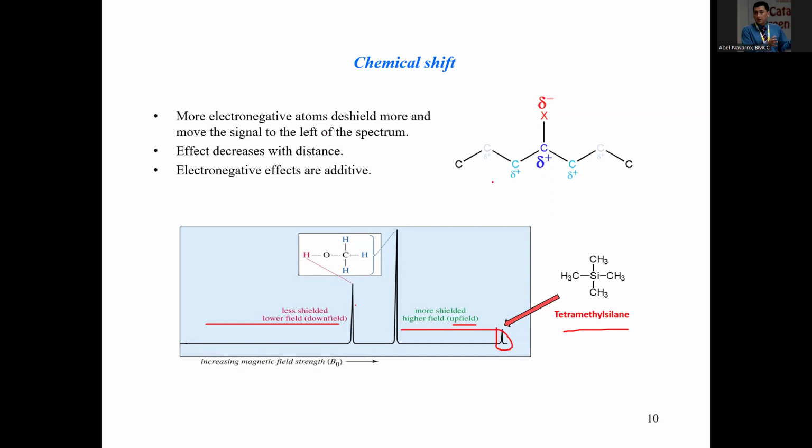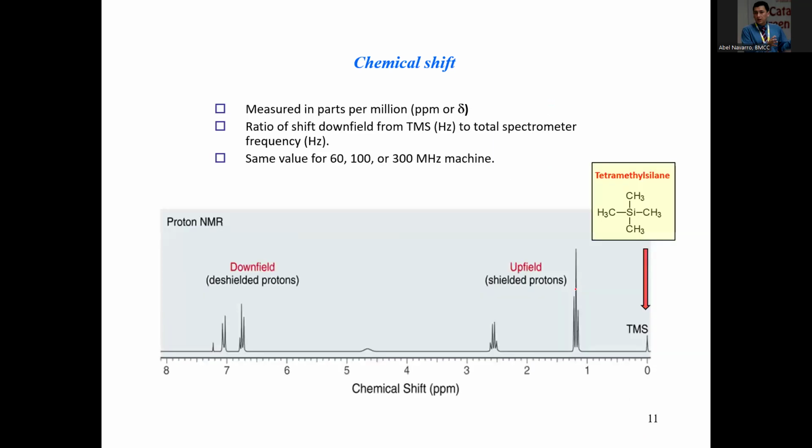Because you could say this one is 3 ppm, but 3 ppm with respect to what? With respect to tetramethylsilane, which we call TMS. They're all methyl hydrogens, very stable. It doesn't react with anything, so that's why they chose it as an internal standard.